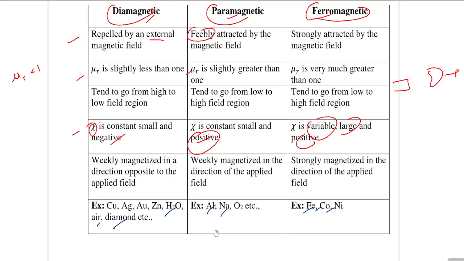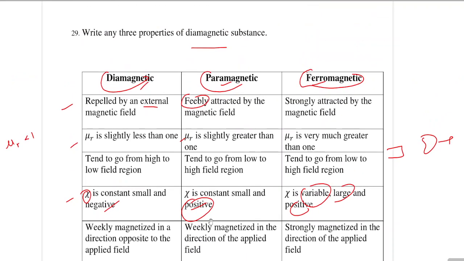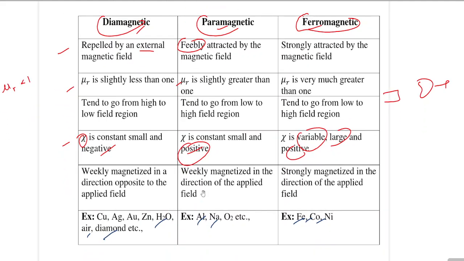Here what has been asked is only the properties of one substance, but if you compare and learn, you can remember in a better way, because sometimes the question could be asked to compare the three materials for one or two properties. So in this way this helps you all. There are many more properties given, there's no need to look into them. Just remember the basic three properties.